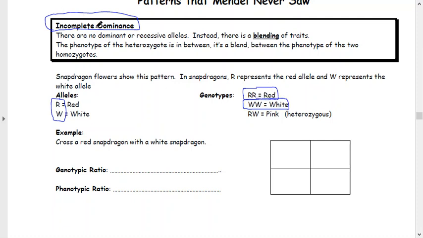But the incomplete dominance aspect comes into play with the heterozygous individuals. So if you are heterozygous, you have one of each allele, you are pink. It's almost like a literal blend of red and white. And that's called incomplete dominance, this blending of the phenotypes.